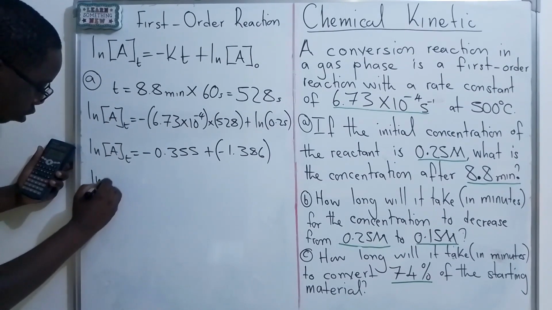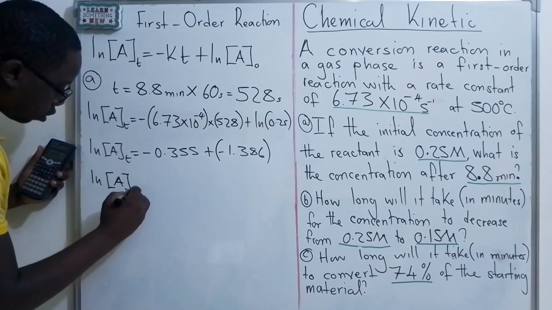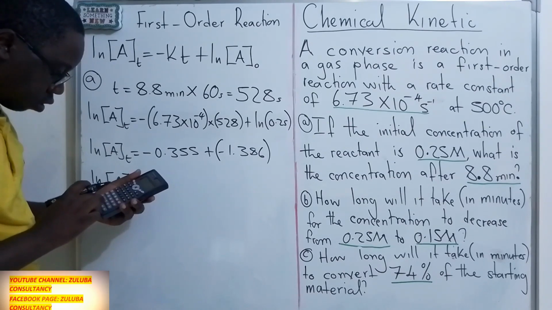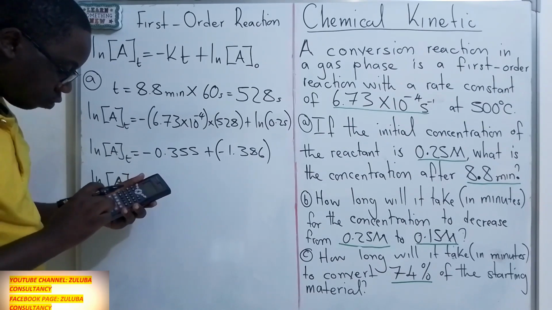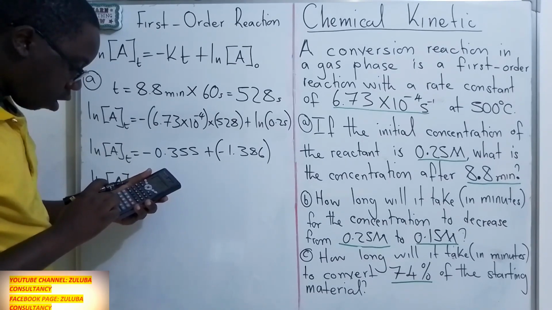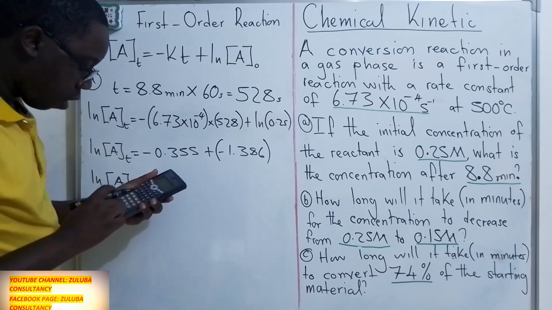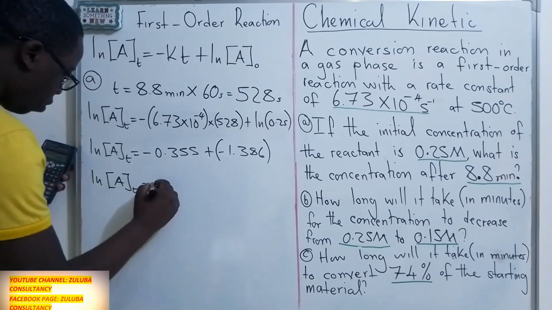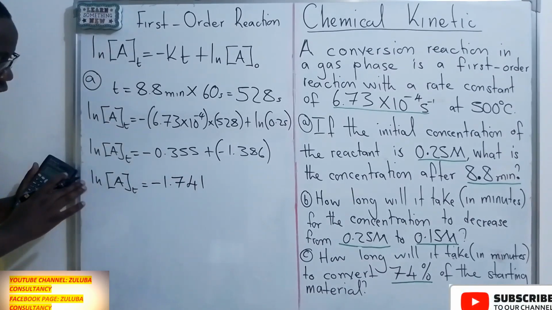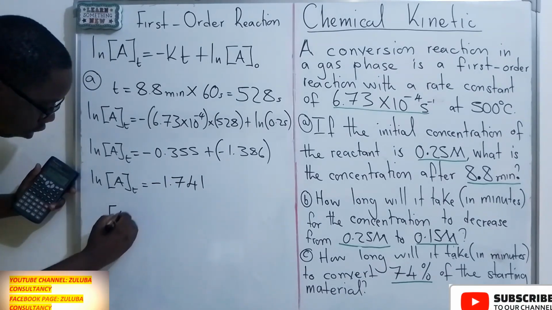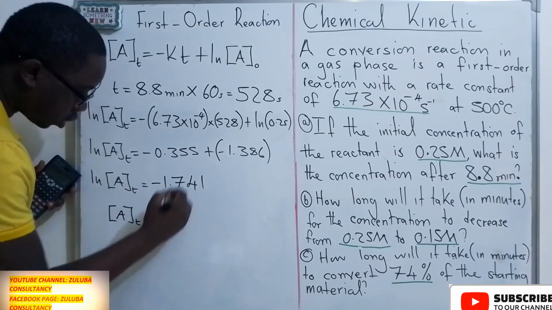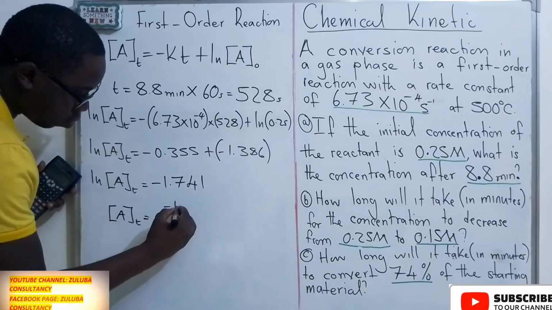So we go to the natural log of A_t is equal to, so we have negative 0.355 plus negative 1.386. It is giving us the negative value of 1.741. At this point, for us to get the concentration of A_t, we will use the exponential function of this value we have.